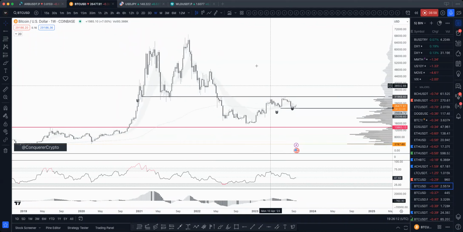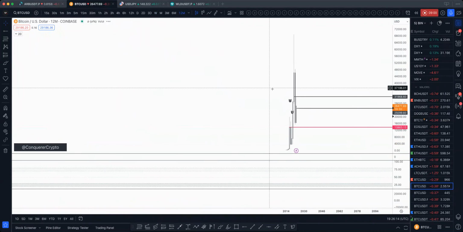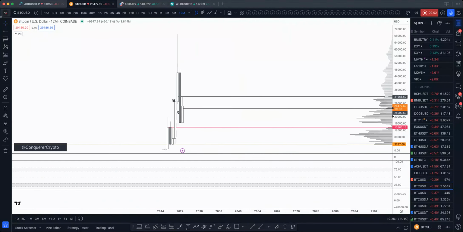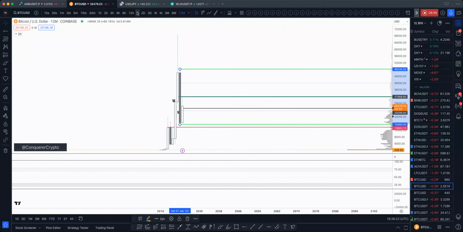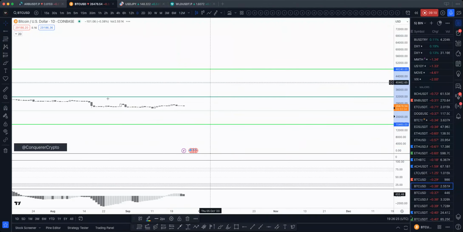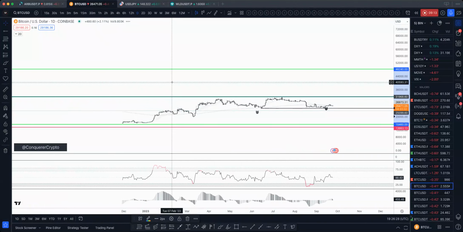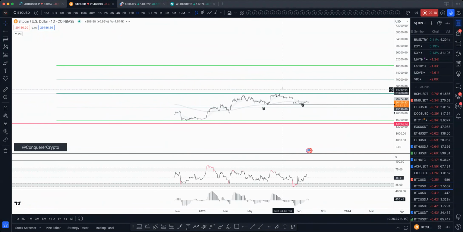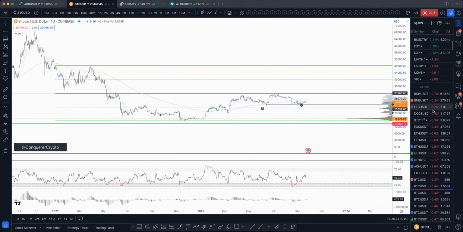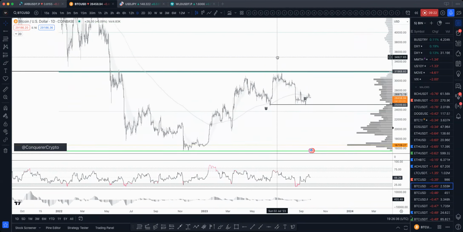Now it's also resistance. Also, this level has another importance, which is it's also the midpoint of this 2022, right? So if you look at it like this now, as you see, that level is also almost exactly the weekly support level, which turned into a resistance. So it is resistance now.